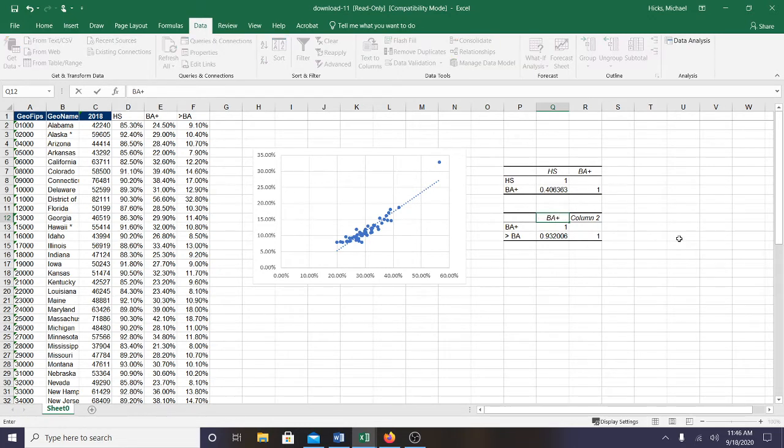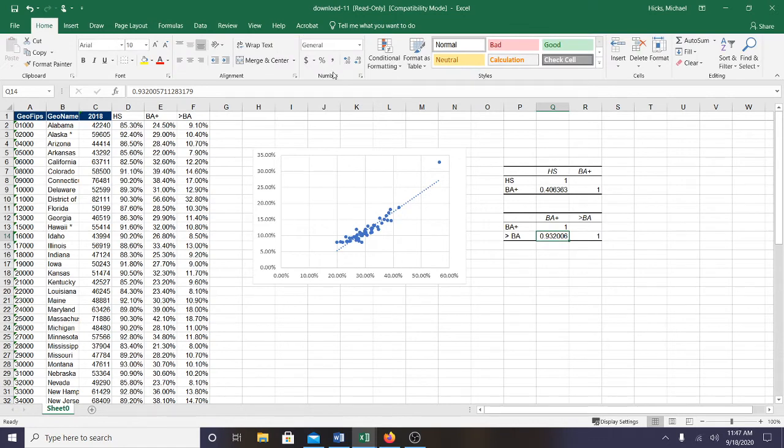And again, the trace of this matrix, or this diagonal of the matrix, is 1, but you can see now that the variance between the two columns is explained by 93%.